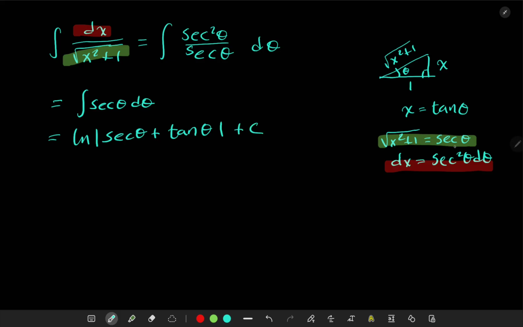Now it's just a matter of substituting in what the secant is and what the tangent is. So natural log, now secant, I have that is the square root of x squared plus 1, and the tangent is just x. And just like that, you get your integral.